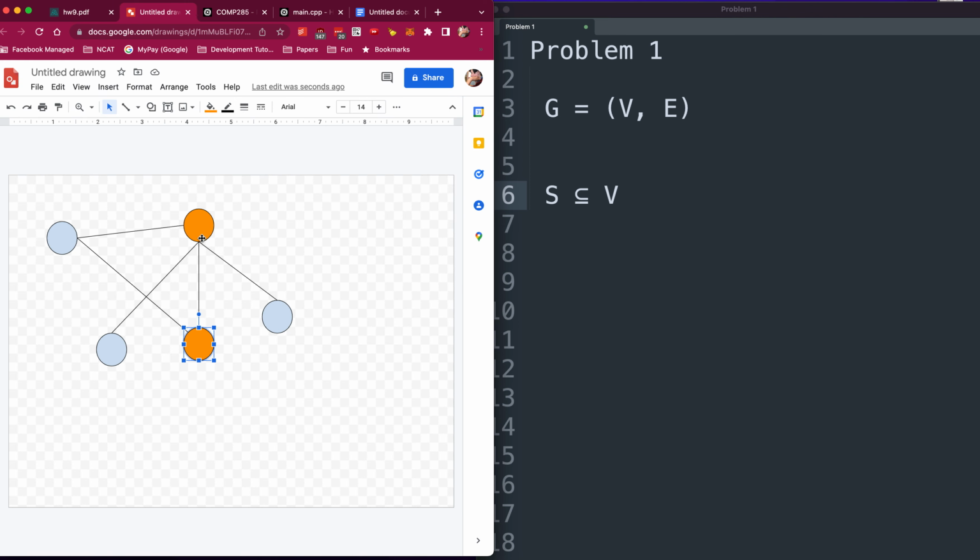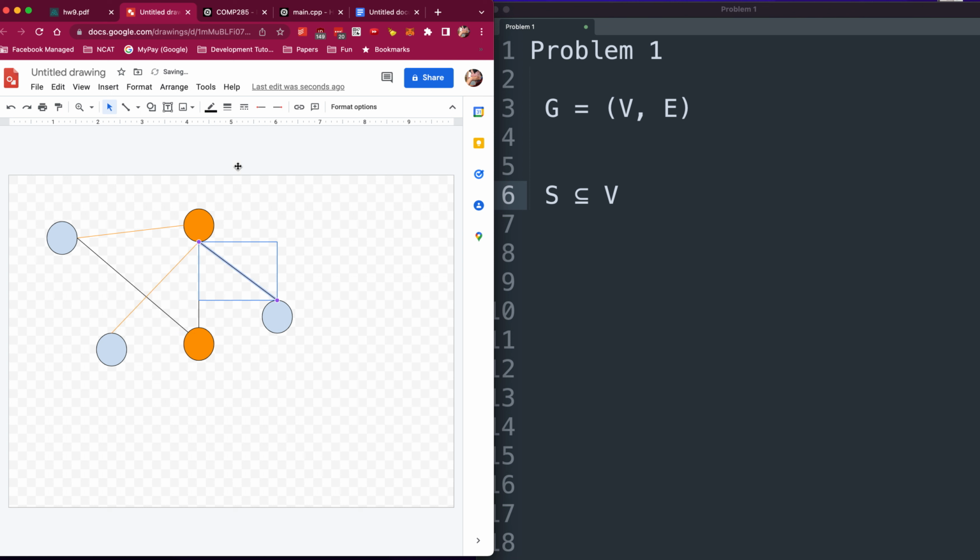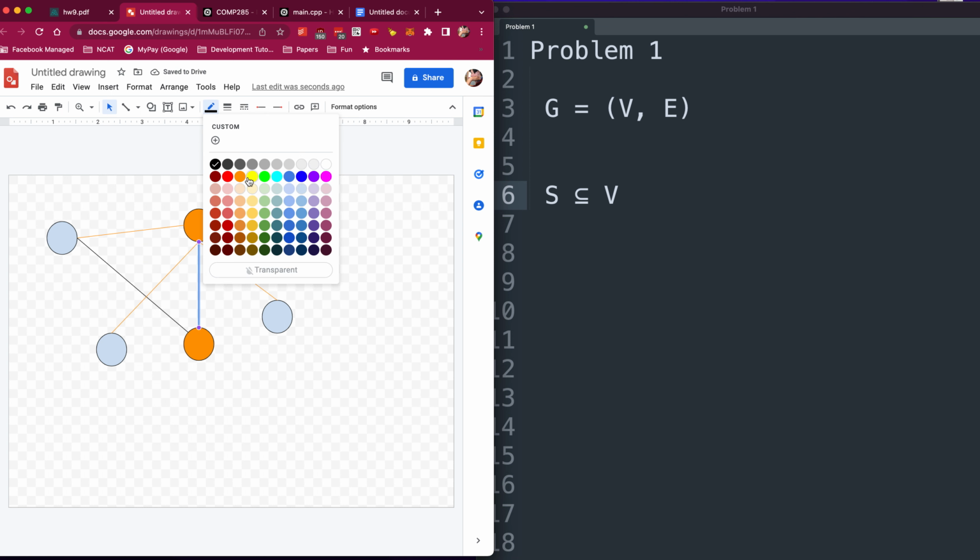So we can see that actually these two nodes here are all seeing, because this node sees this edge. It also sees this edge, it also sees this edge, and it also sees this edge.